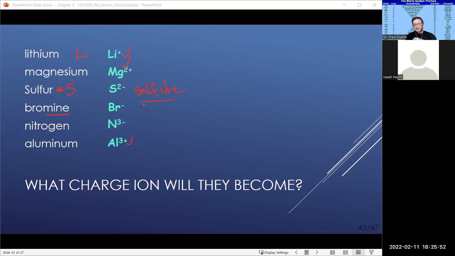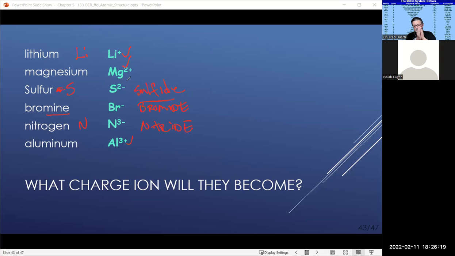When it becomes the ion, it becomes, name-wise, bromide, okay? Nitrogen, when it becomes the ion, becomes nitride. And then we got aluminum, becomes aluminum ion, okay? That's it. So it is the nonmetals that we change the name.